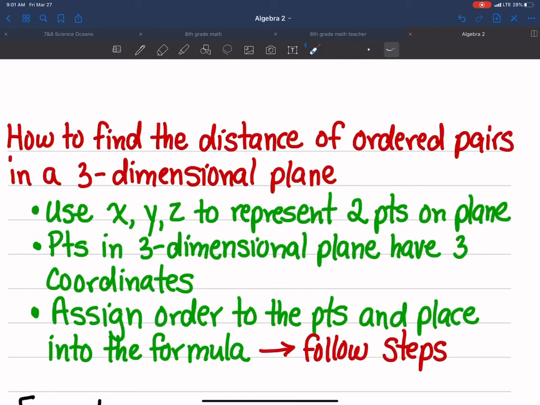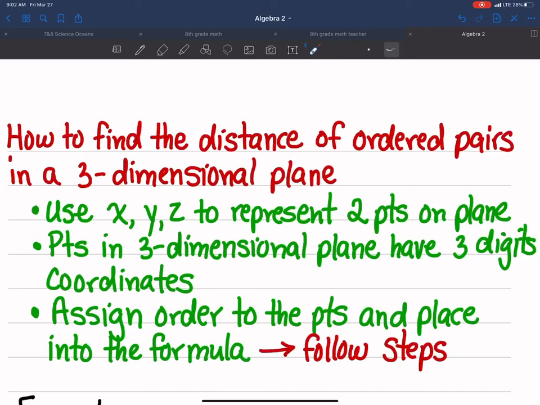But points in a three-dimensional plane have three digits in their coordinates, and so that's why we need three letters to help us identify each one of those digits.